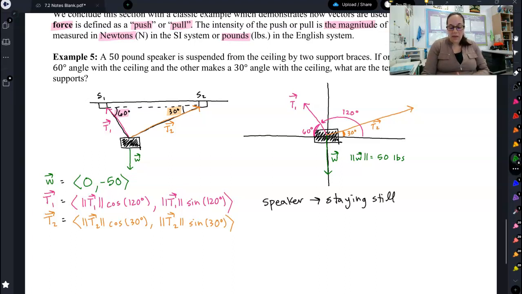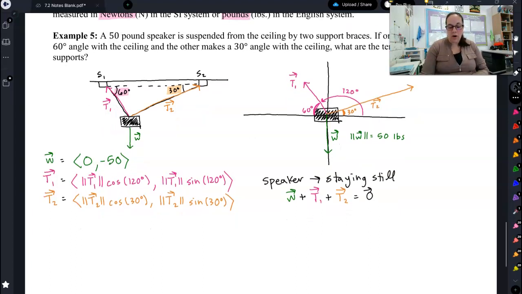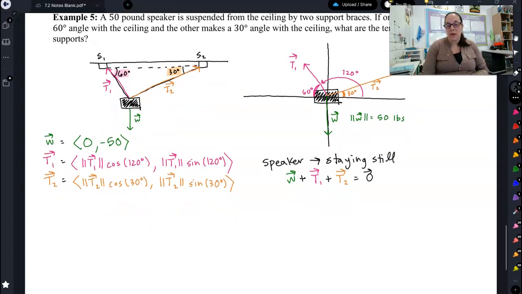Which means I could take my 3 vectors that are impacting this speaker, and if I add them all together, I'm going to get the 0 vector. Because the speaker is staying still, it's not swinging. So if I add them all together, this is how I show it staying still, the 0 vector.